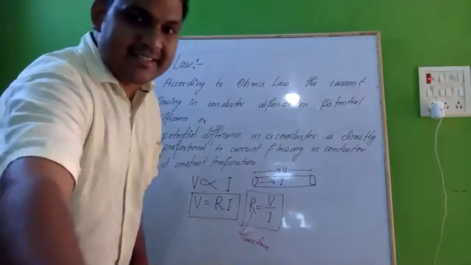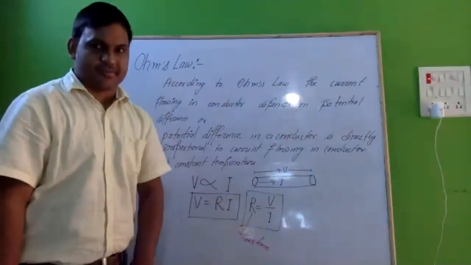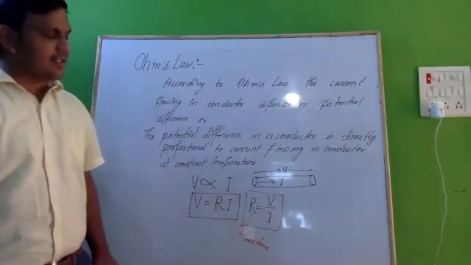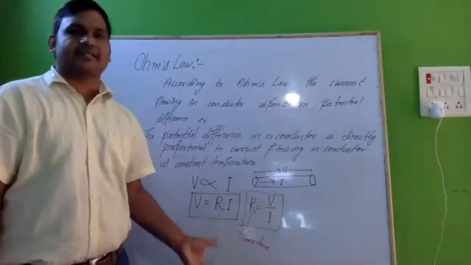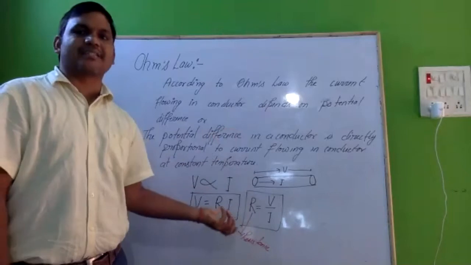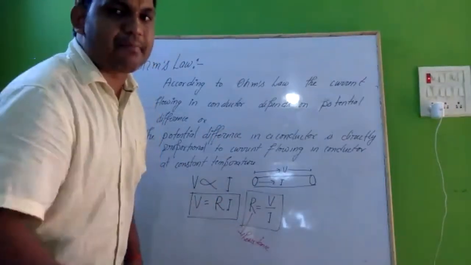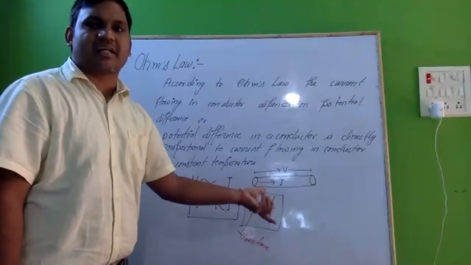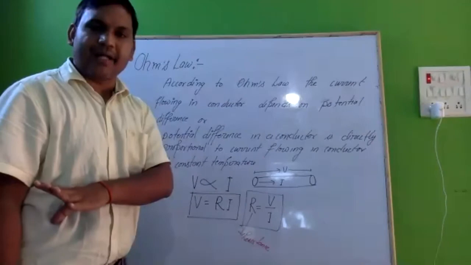V is your potential difference. I is the current flowing in it. So you can see there will be a specific value of resistance for a unique value of V and I. Or you can say, since you have applied a certain potential difference in a conductor, its resistance will be the ratio of potential difference and current in it. Okay?